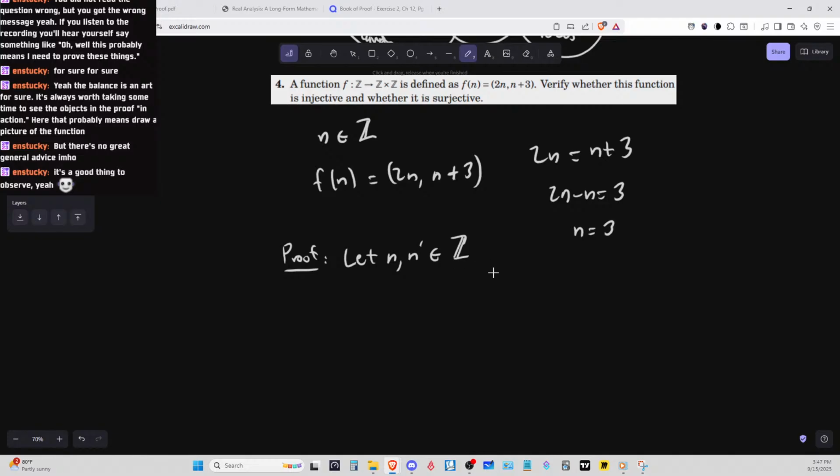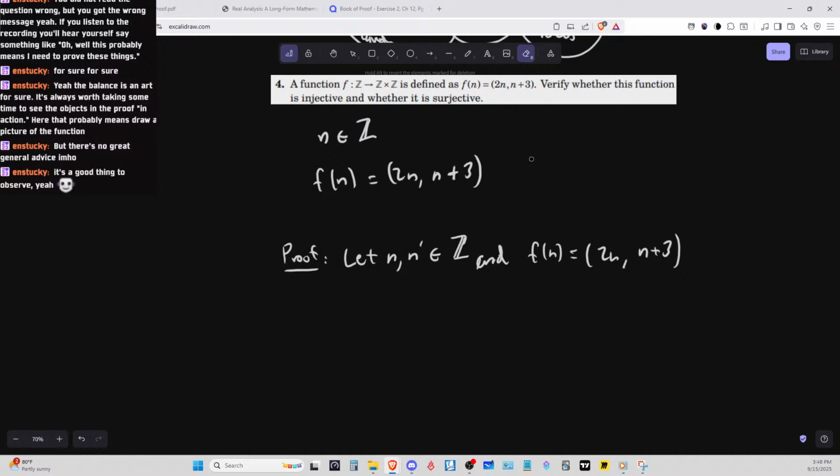I mean the integers. Then f of n is equal to the ordered pair of 2n and n plus 3. Let me just erase this because I feel like it's going to get in the way of the writing process.